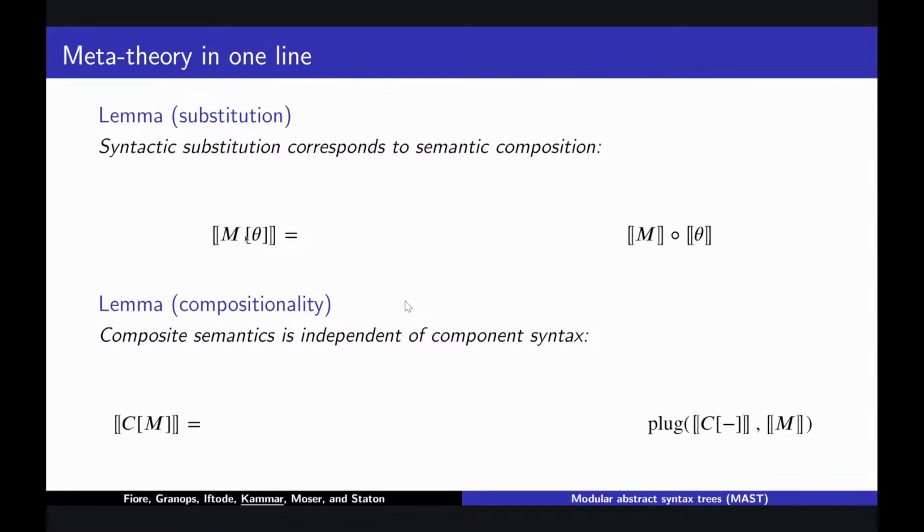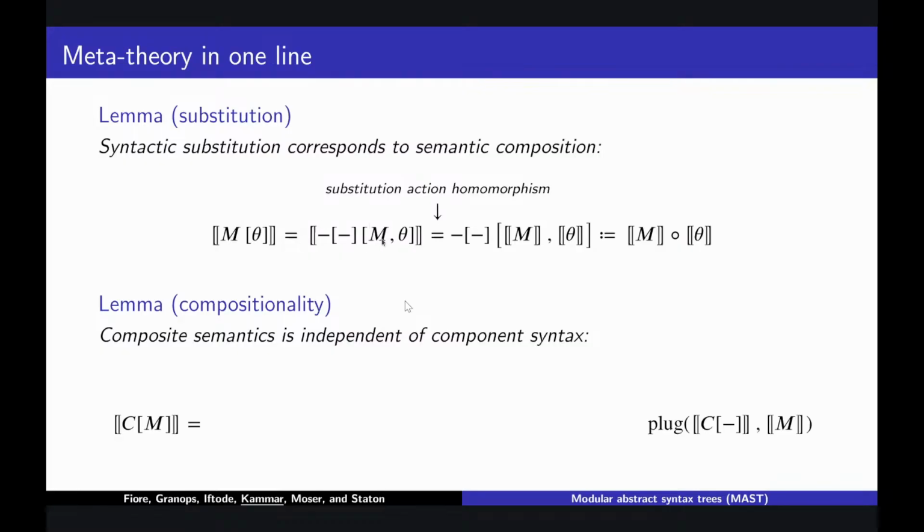So we have M with substitution theta. We want to show that this is the semantics of M composed with the semantics of theta. Well, this is equal to the substitution operation on the input, substituting theta into M. Concretely, in each of the examples we do, you see that this operation is exactly the capture-avoiding substitution that you would employ.